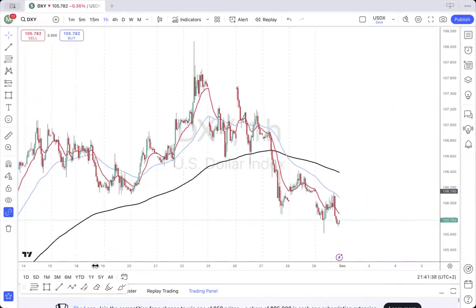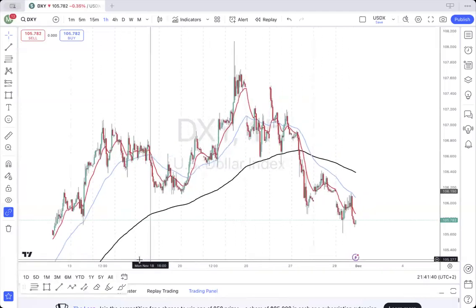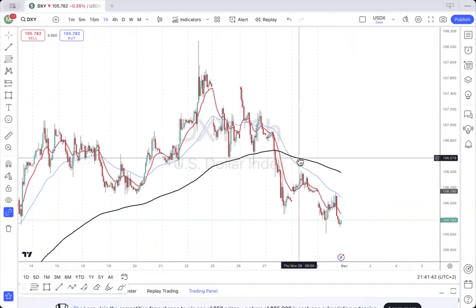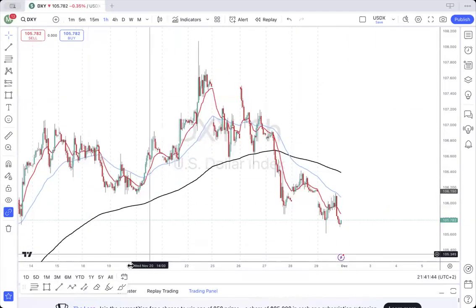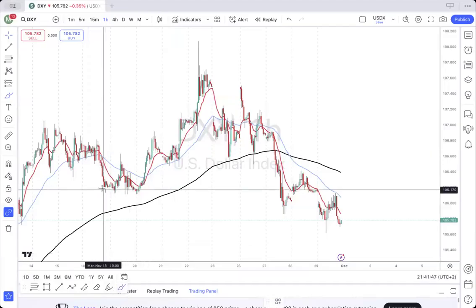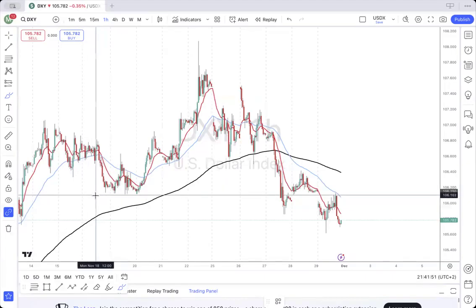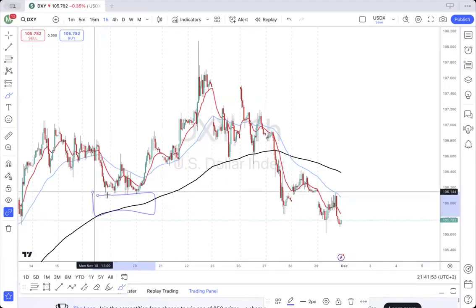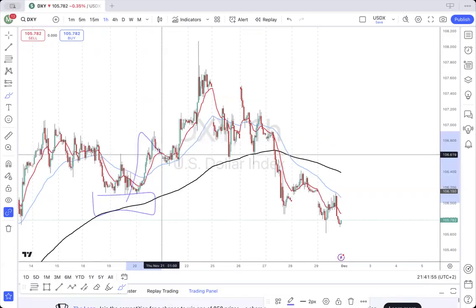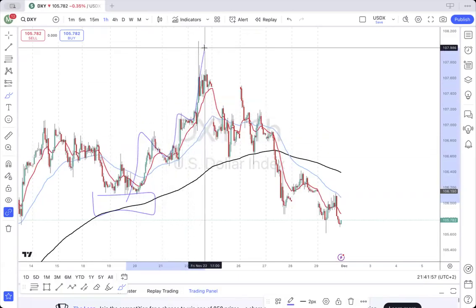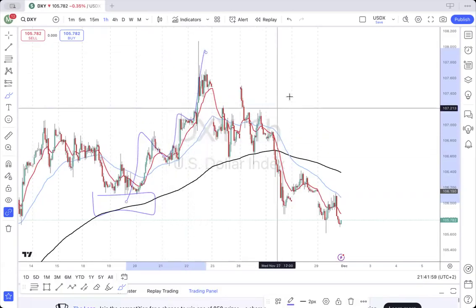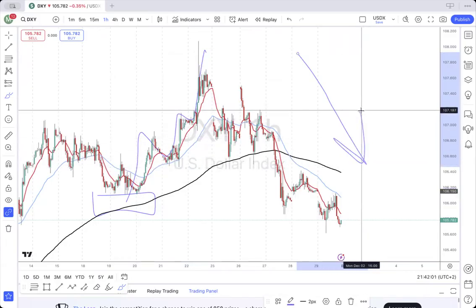If you look at this dollar index pair, I was saying in the video that from the way it looks, we were anticipating that the market has to turn around. And we said since the market had formed a peak formation and had moved level one into level two into level three, the market was supposed to start a reversal.